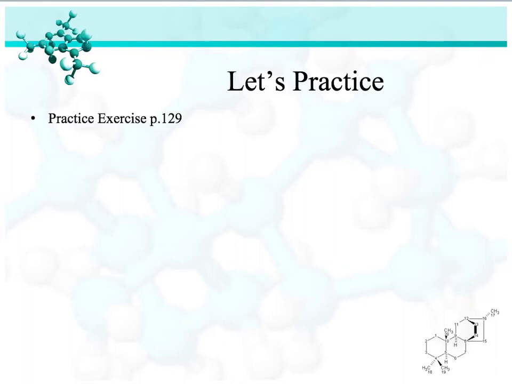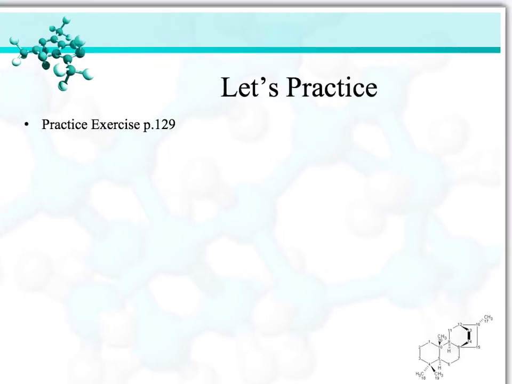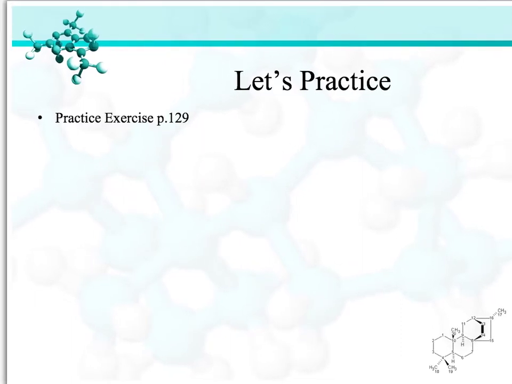Okay, time to practice. So on page 129, question A, we have, what compound precipitates when solutions of Fe2SO4 and LiOH are mixed? So you can answer this in a couple of different ways, but one way, of course, would be to write the equation.